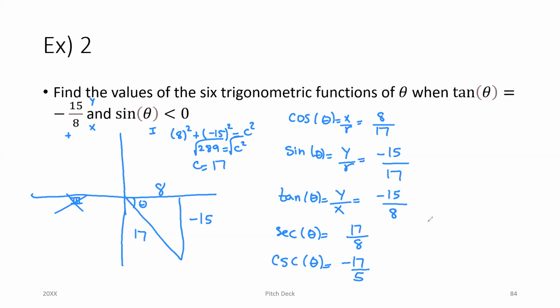And then finally, cotangent is the reciprocal of tangent, so that is negative 8 over 15.